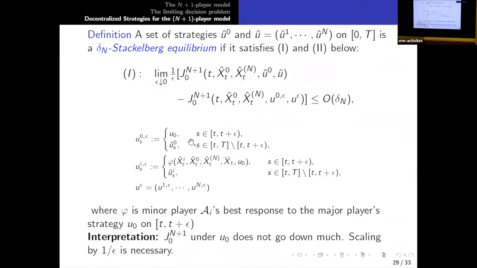So this is the perturbation of the strategy, and the resulting calculation of the cost. Roughly, if you move J to the right-hand side, it means J is greater than the original thing, subject to a small perturbation. So it means J is still quite big. That's the interpretation. You cannot really go down too much.